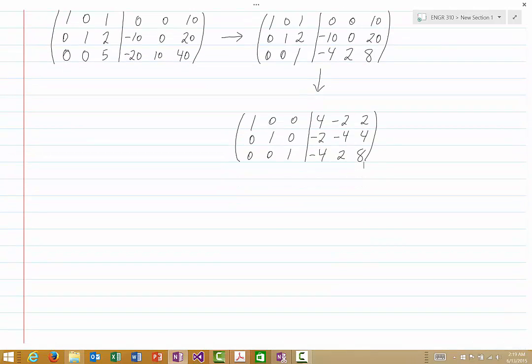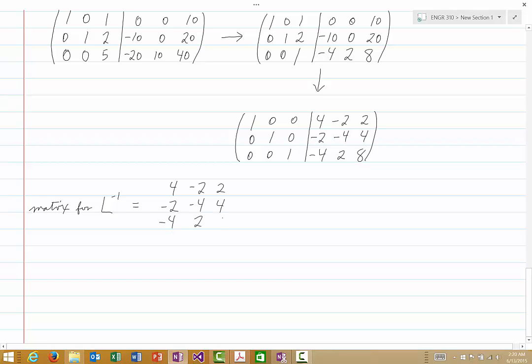And therefore, now we're done. We have the identity matrix on the left-hand side. And so we get the result that the matrix for L inverse is 4, negative 2, 2, negative 2, negative 4, 4, negative 4, 2, 8.